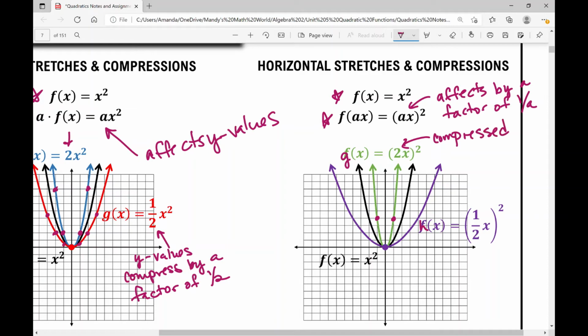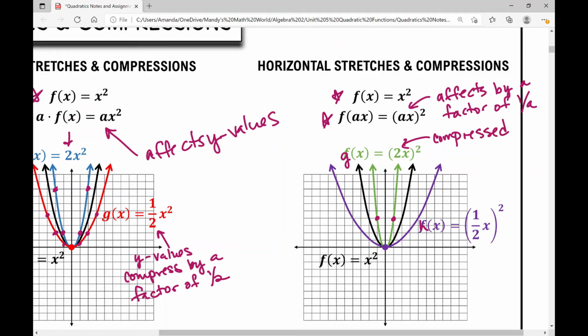It looks like a vertical stretch, but this is actually horizontal, so I'm going to call this a horizontal compression. It's compressed toward the y-axis by a factor of 1 over 2.